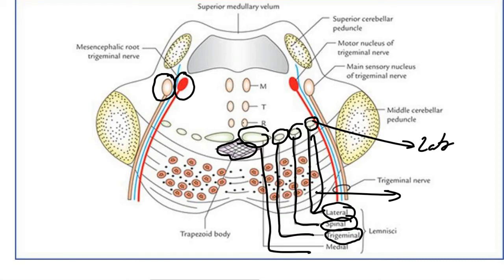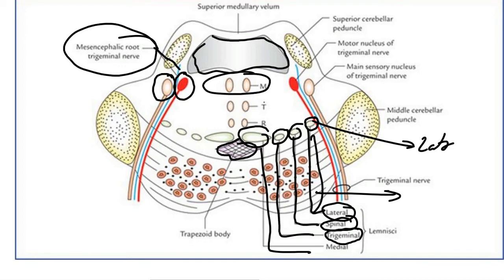You will remember that I said the trigeminal nerve has the nucleus all along the brainstem, so fibers will be coming from that nucleus. This is your mesencephalic root of the trigeminal nerve, and this is your fourth ventricle. This is your medial longitudinal fasciculus, this is your tectospinal tract, and this is your rubrospinal tract.